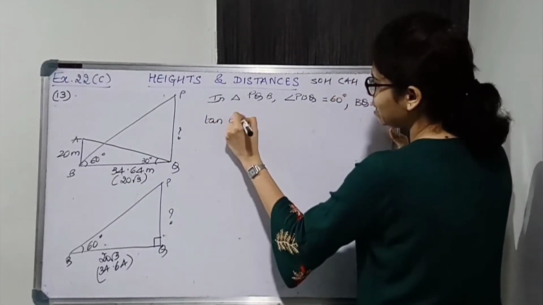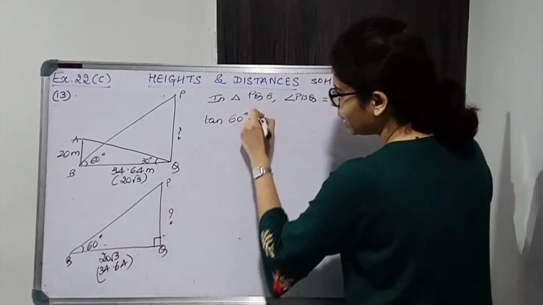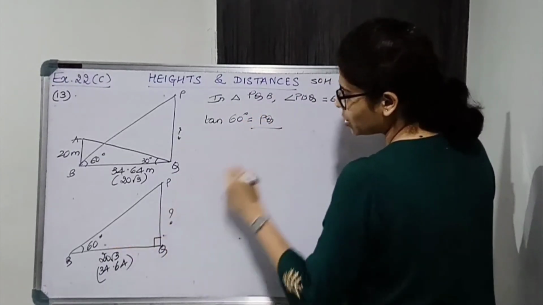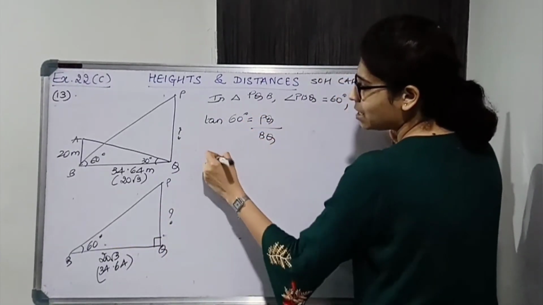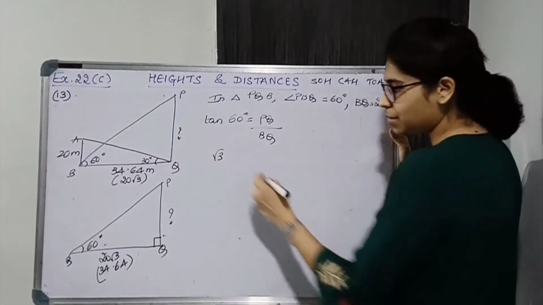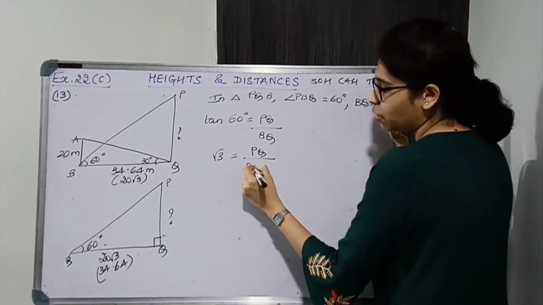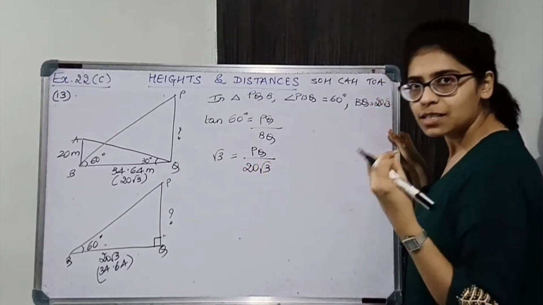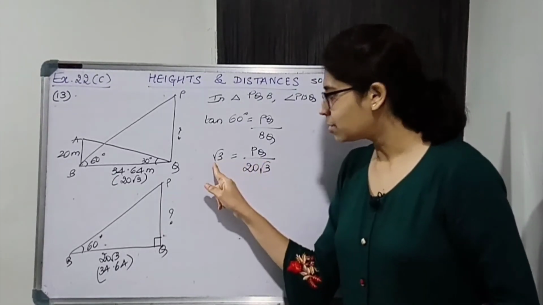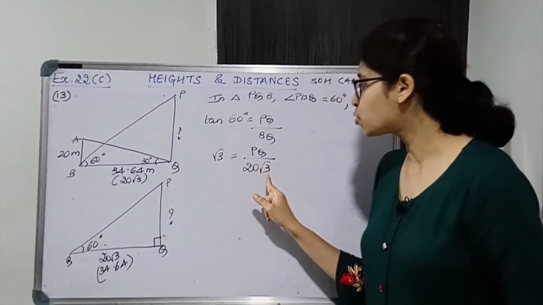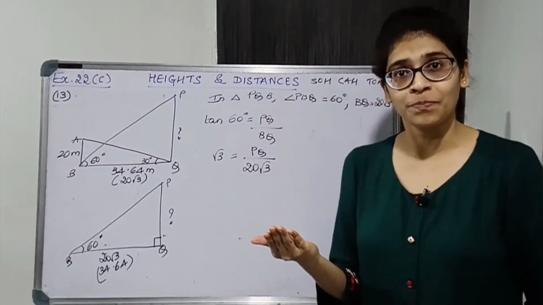So tan 60 is equal to the angle's opposite, that is PQ, upon the angle's adjacent, that is BQ. Tan 60 is what? Root 3. PQ we have to find. BQ is 20 root 3. This is the reason I told you, root 3 into root 3 will become 3 here.